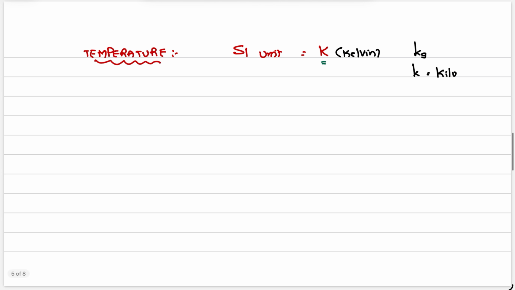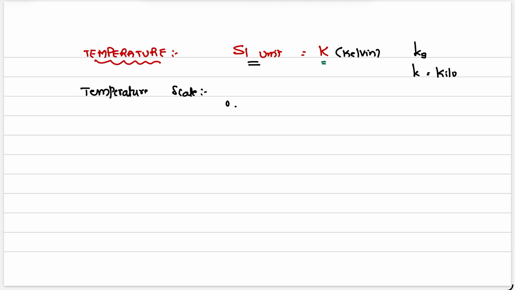Now, this is the SI unit, Kelvin, and there are different types of temperature scales. What are the scales of temperature?